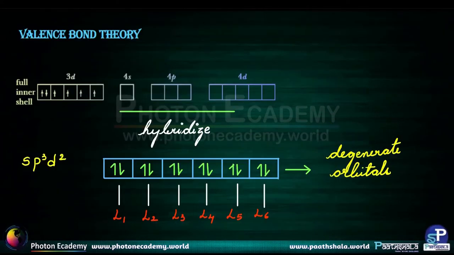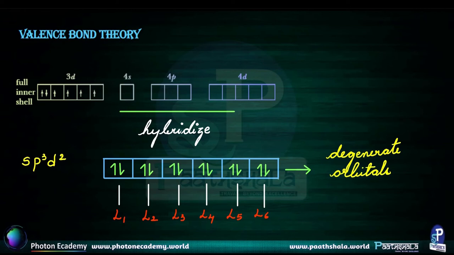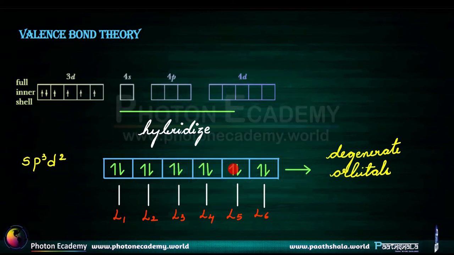The 6 lone pairs of electrons brought in by the 6 monodentate ligands will be arranged in the hybridized orbitals as follows. 1s orbital, 3p orbitals and 2d orbitals have hybridized to form the sp3d2 hybrid orbitals. So now we have 1, 2, 3, 4, 5, 6 hybrid orbitals that are going to accommodate the lone pairs brought in by the ligands.